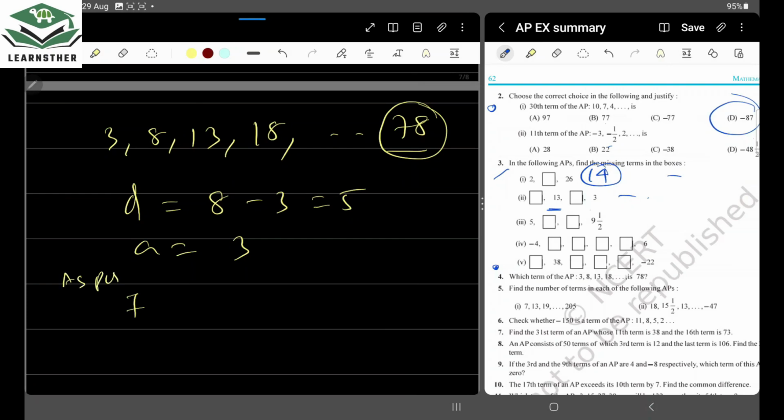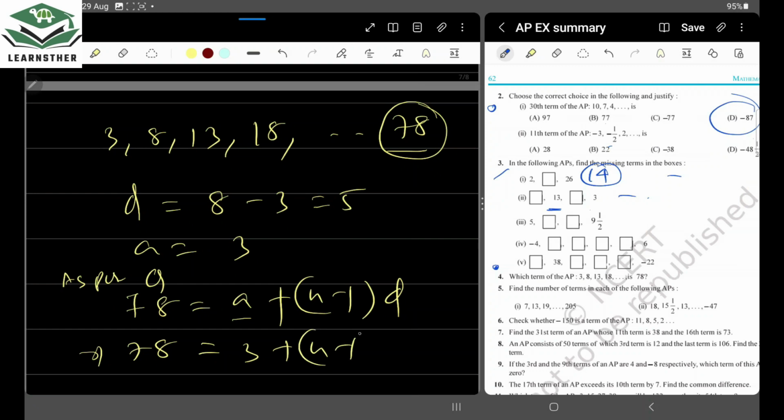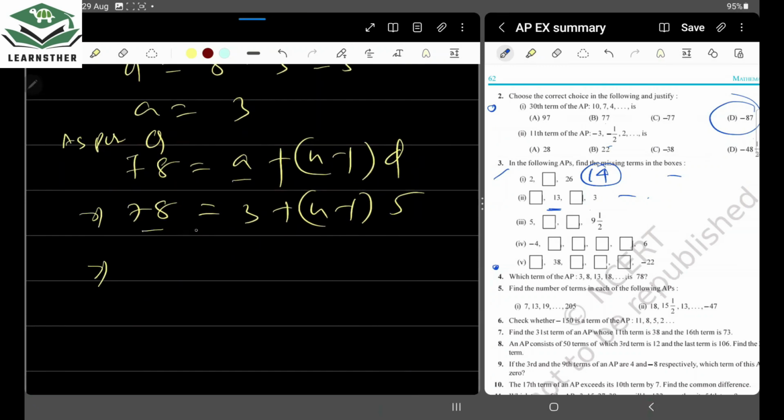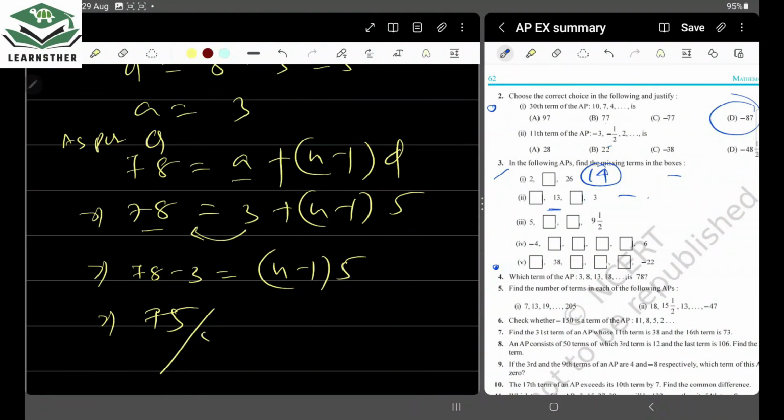As per the question, 78 is equal to a plus n minus 1 into d. 78, a is 3, n minus 1, d is 5. If you bring this over, it will become minus 3. So 75, this is multiplication, so here it will become division.